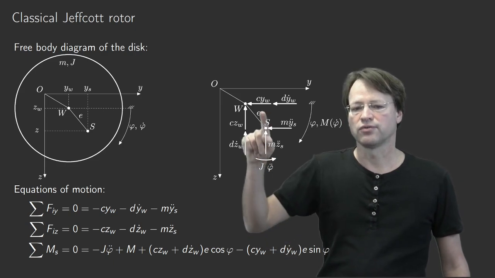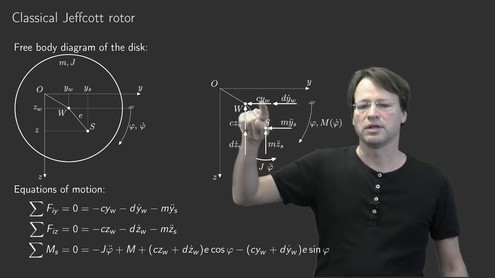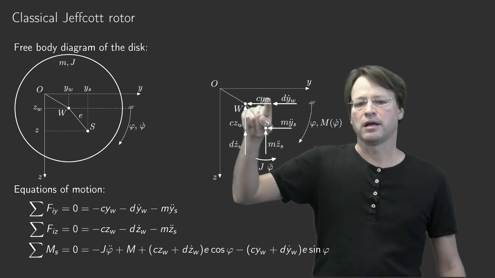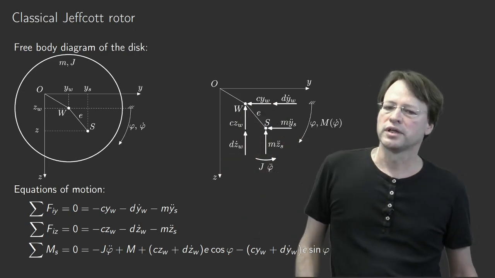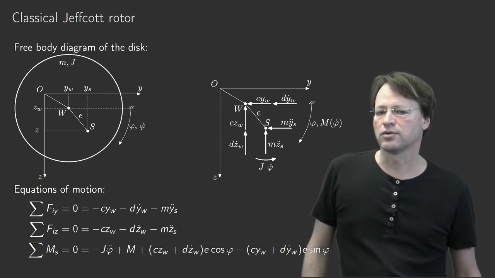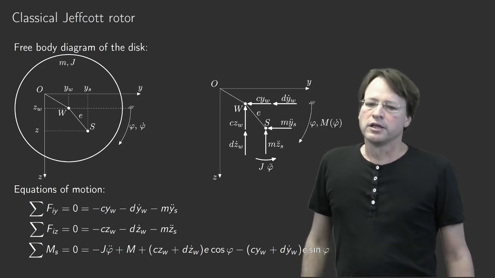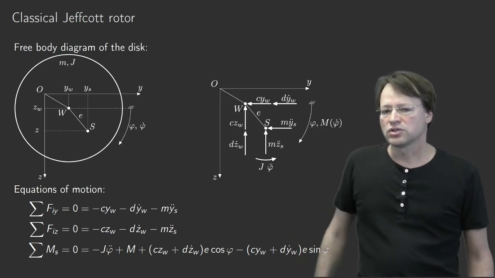So the restoring forces here, you can see they will create a torque that rotates opposite to the phi coordinate, and therefore we have the negative sign here. So these are the equations of motion.